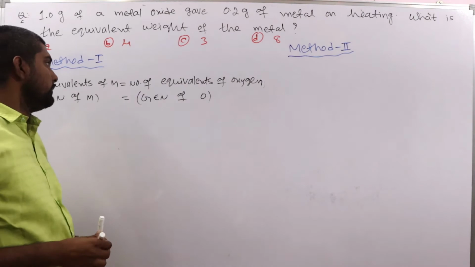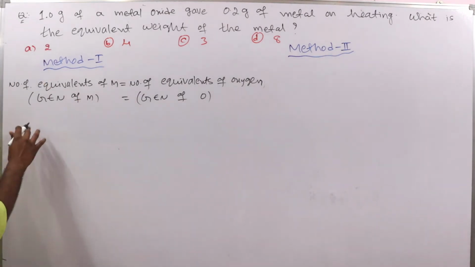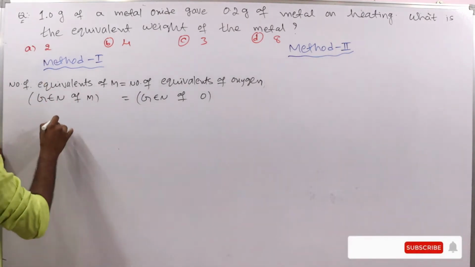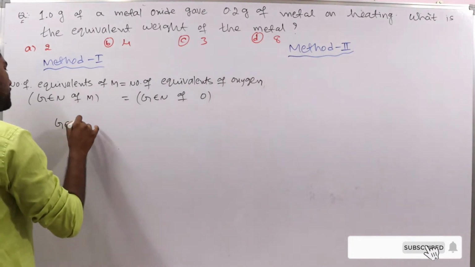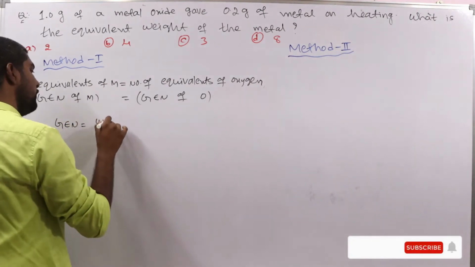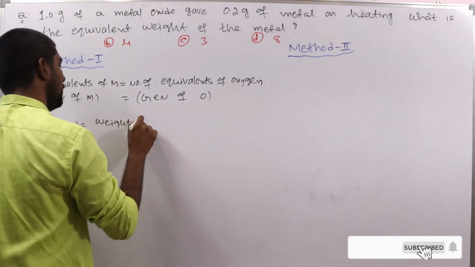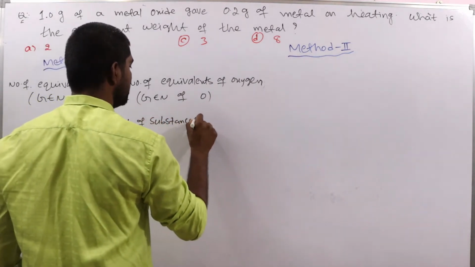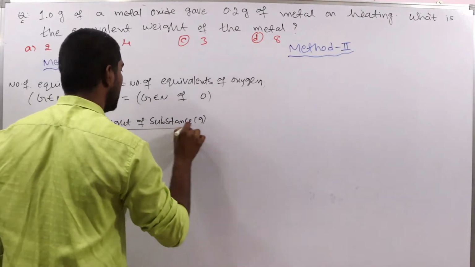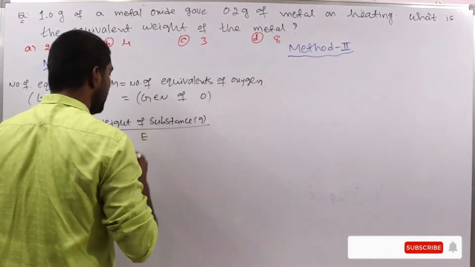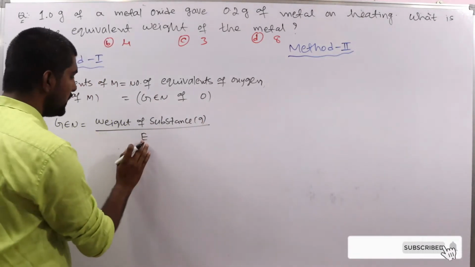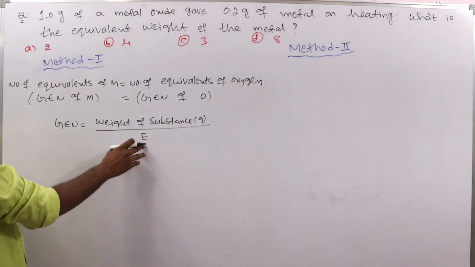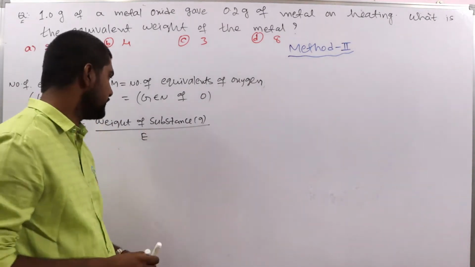Now what is the formula for GEN? GEN is equal to weight of substance in grams by equivalent weight of that substance. Equivalent weight is denoted by E. Already we discussed this in the previous lectures.